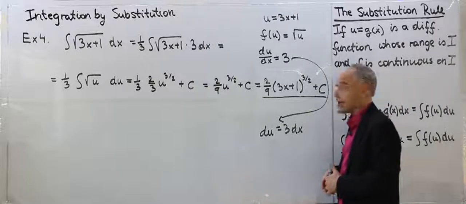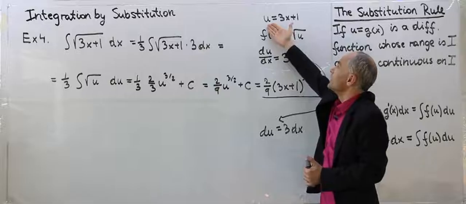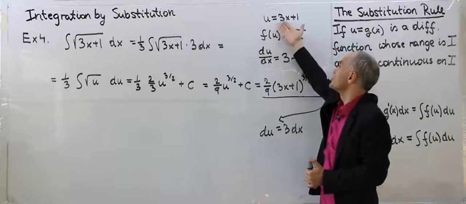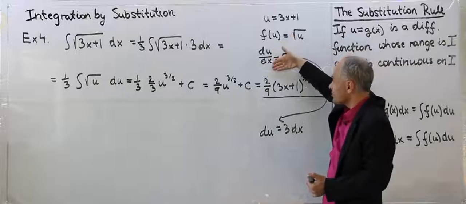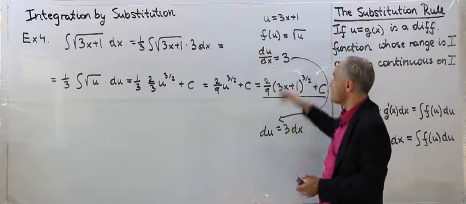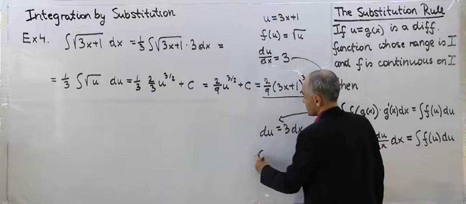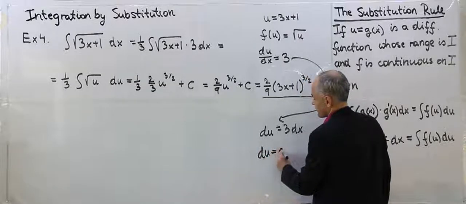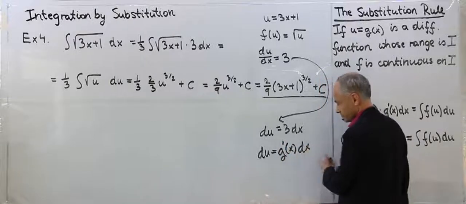So typically, a lot of textbooks simply, when they say use the substitution u is equal to 3x plus 1, rather than writing du by dx, the derivative, they just write du is equal to the derivative of the function g times dx.